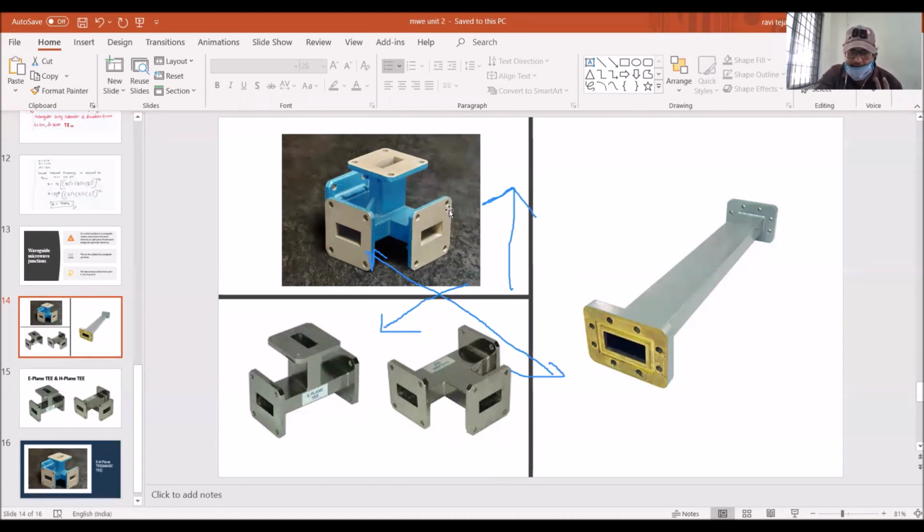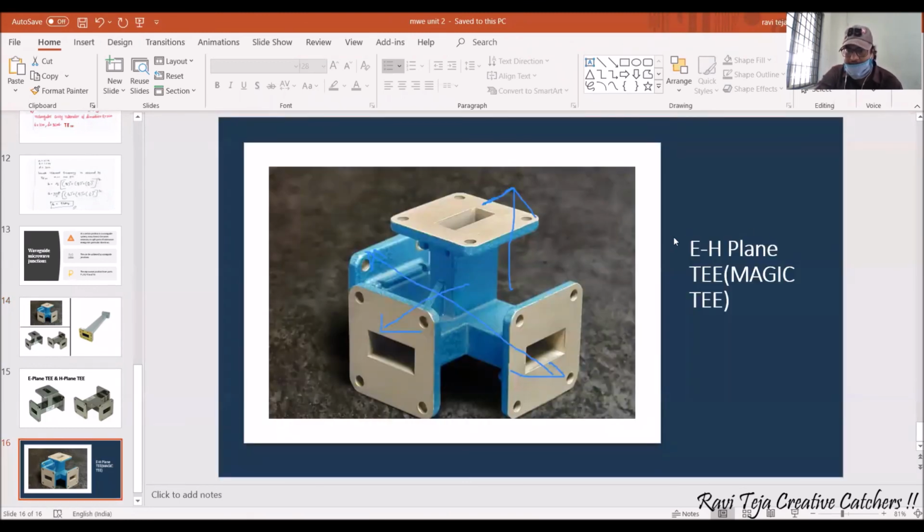The most widely used microwave junctions are the E plane T, the H plane T, and another one is the EH plane T. Whenever you combine the E plane as well as the H plane, it becomes a 4-port microwave junction, which we call the EH plane T, and the other name of the EH plane T is magic T. Why it is called magic T, I will explain when this concept comes.